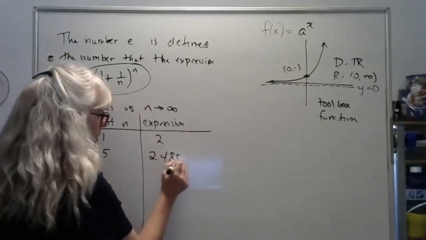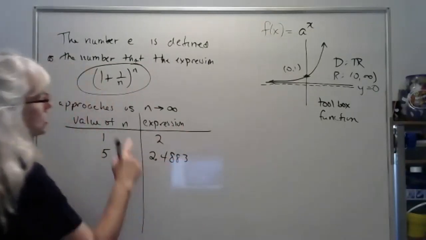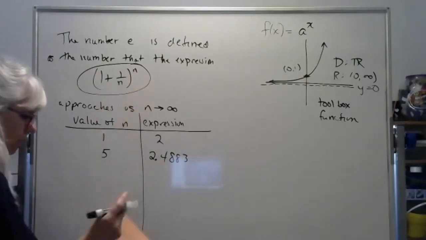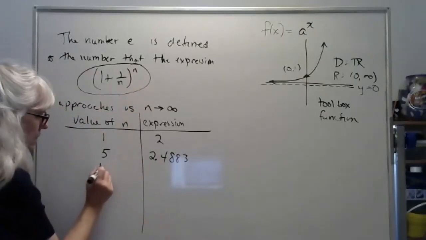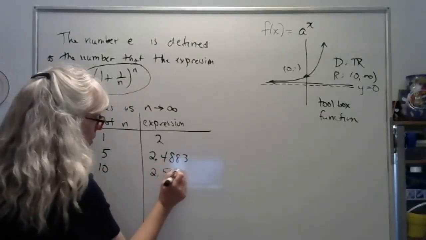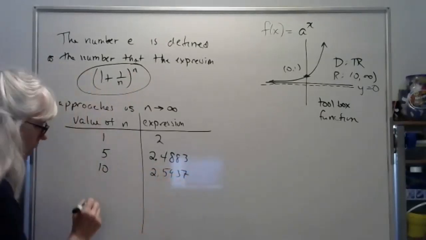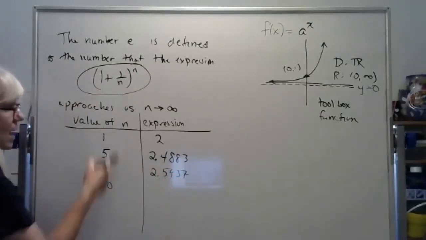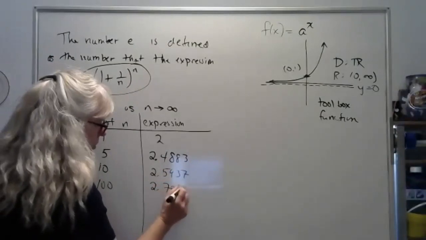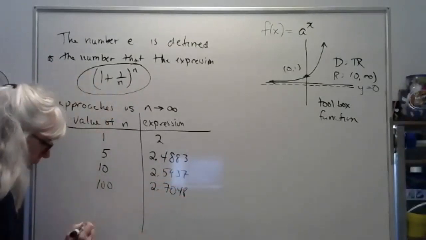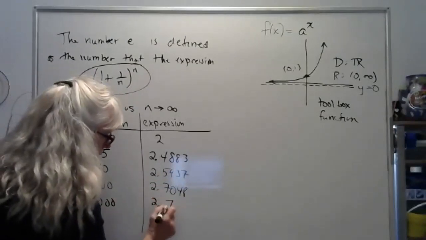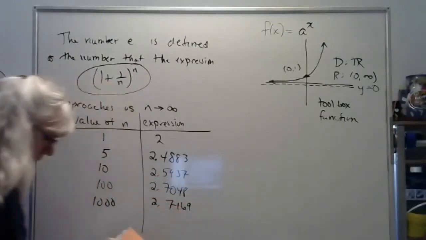If you let n equal 5, then you get as a decimal 2.4883. So literally you're just plugging in a 5. That's 1/5. That's 1 plus 0.2 to the 5th power. But if you plug in 10, you then get 2.5937. If you plug in 100, so notice I'm letting my value of n get bigger and bigger and bigger, you get 2.7048. If I plug in 1,000, I get 2.7169.